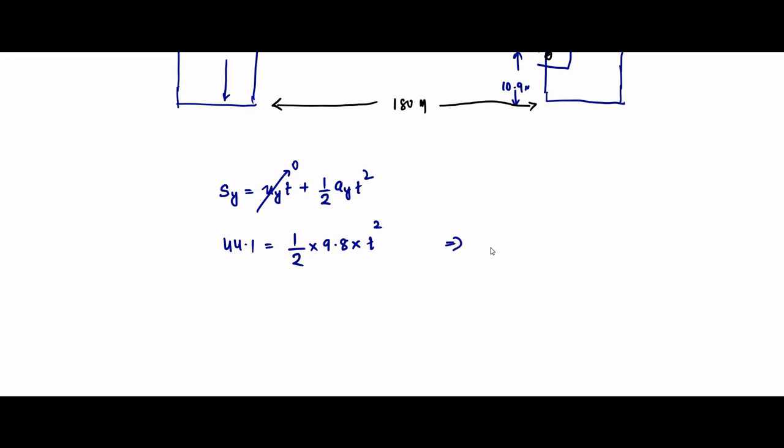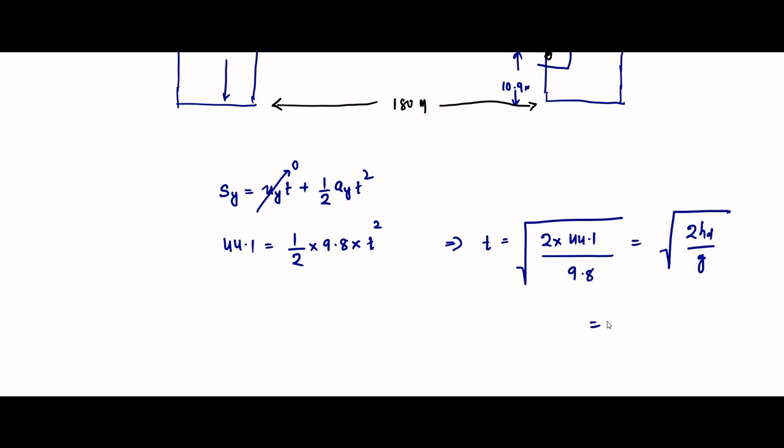That implies t is equal to root over 2 into 44.1 by 9.8. So it is simply the time of flight equation, 2 into height difference by g. So the time of flight is equal to 3 seconds. t square is equal to 9 and t is equal to 3 seconds. Okay, this is done.